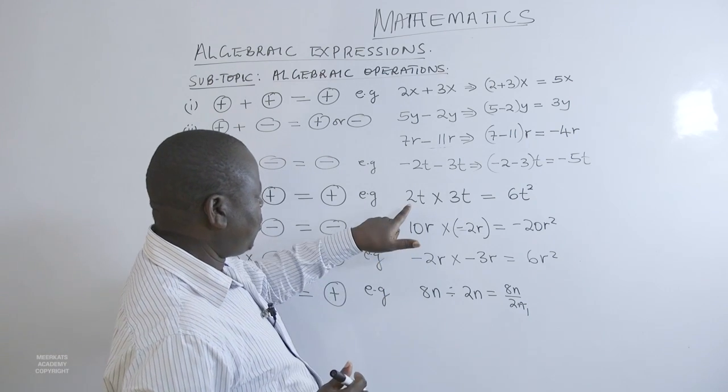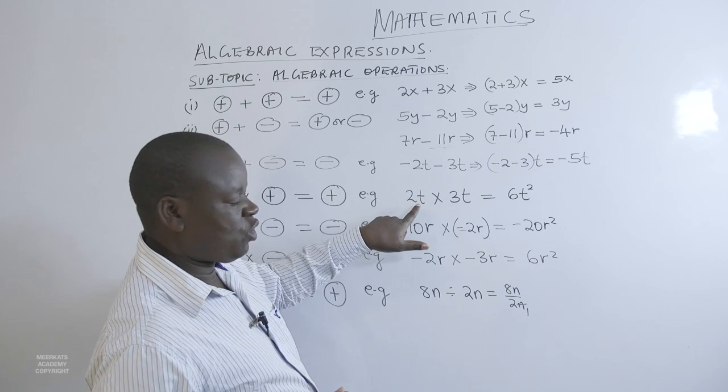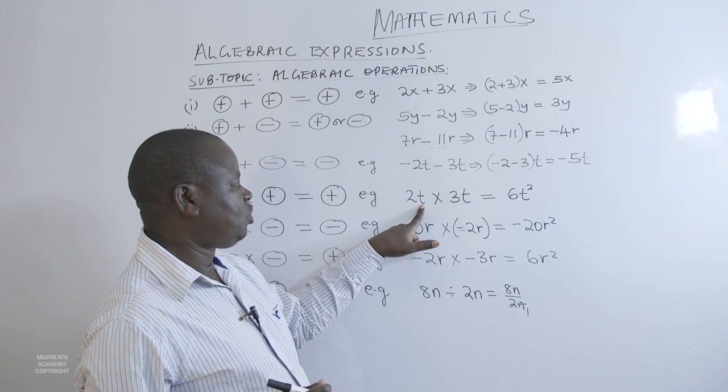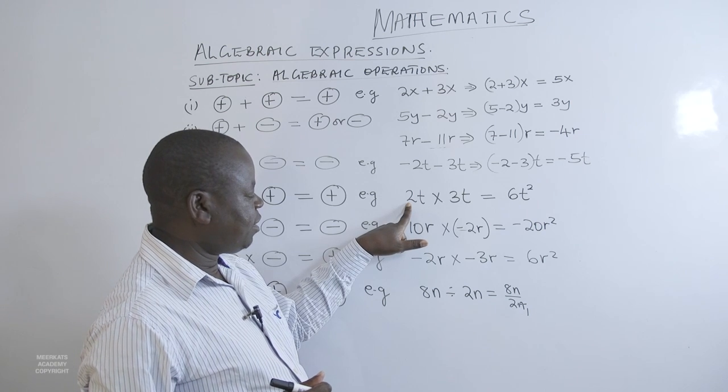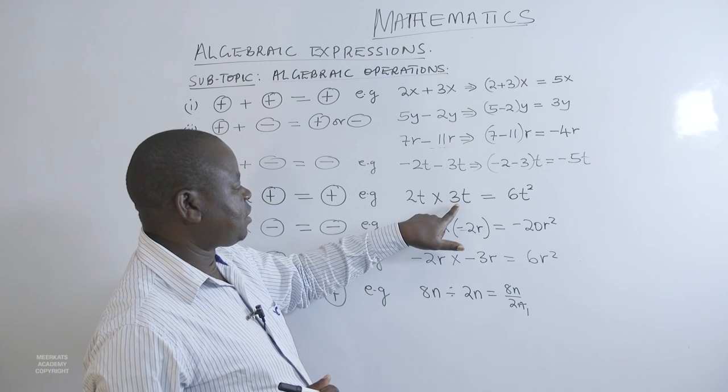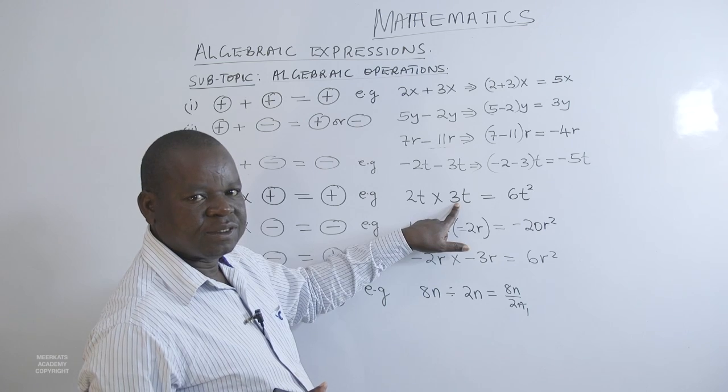For example, 2 is the coefficient of t here, and 3 is the coefficient of t.